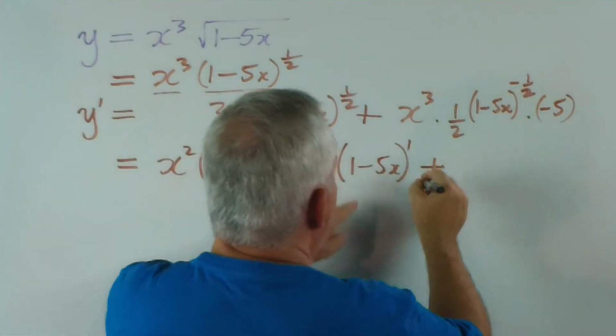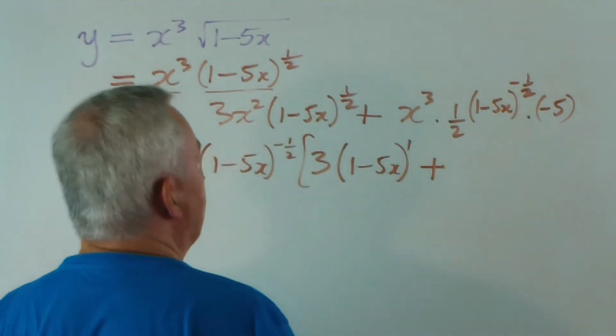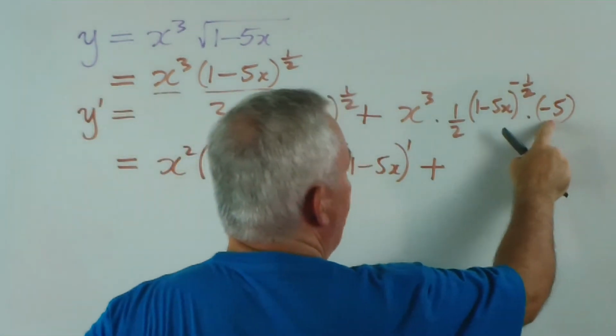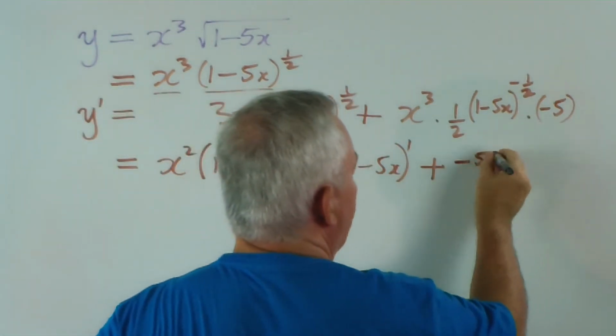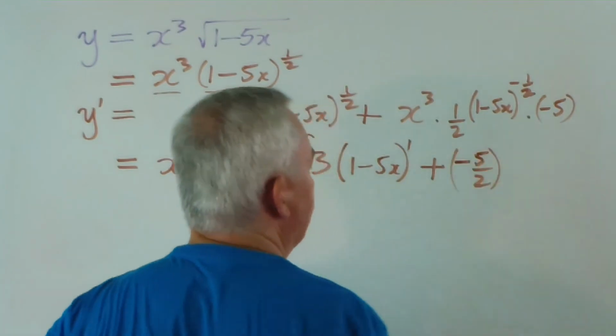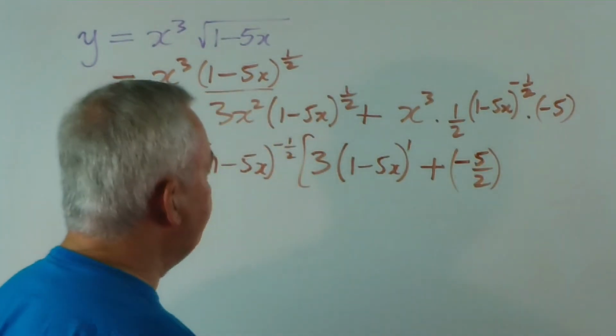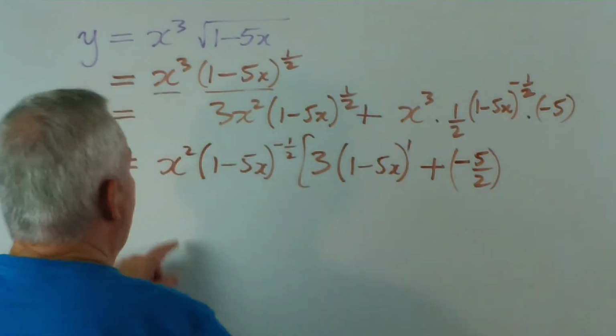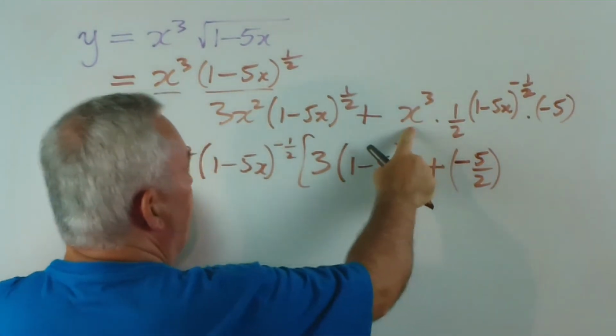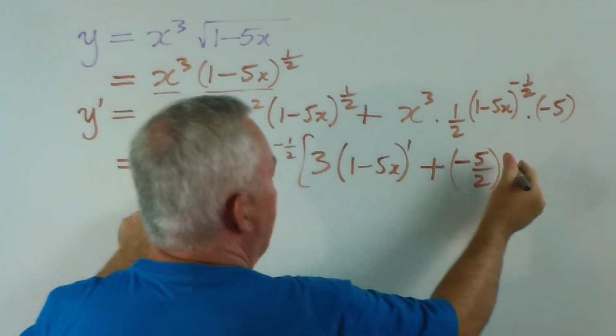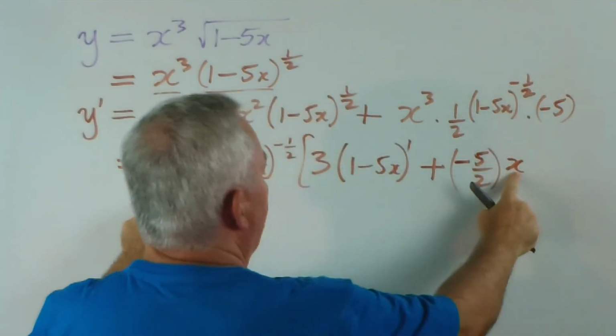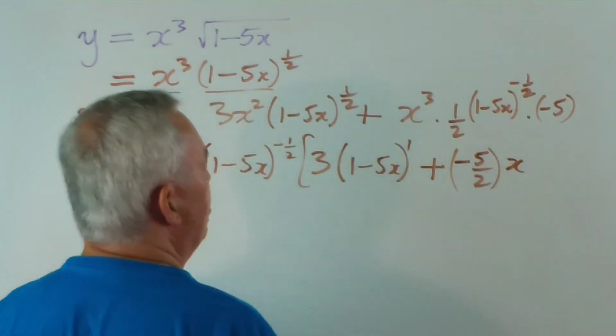Put our plus down. Let's see what we've got. First of all, we've got negative 5 times a half. I'm going to write that as negative 5 halves. X squared dividing into x cubed leaves x. I think you can see that x squared times x is x cubed.